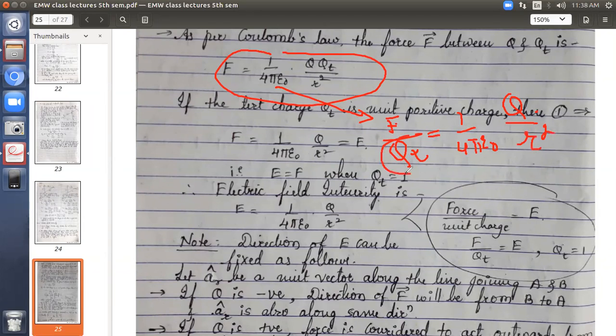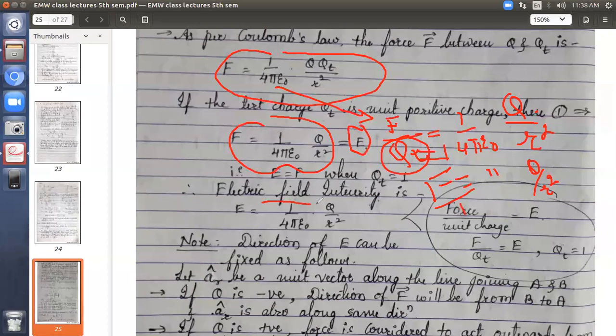So this Qt I have taken as unit positive charge, which is equal to 1. So you will get F is equal to 1 by 4 pi epsilon naught as it is, Q by R square. So F by Qt will become F by 1. That's what is written here: 1 by 4 pi epsilon naught Q by R square. This we call electric field intensity.